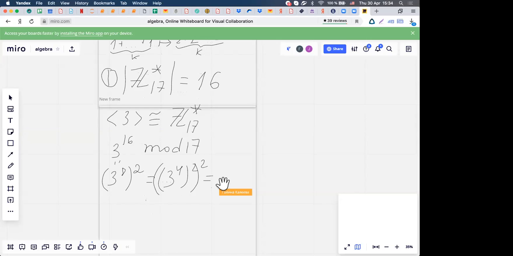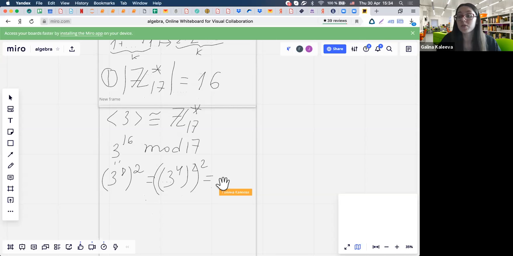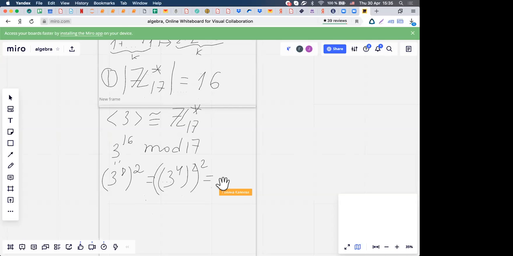So we reduce it until 9 in 8th power, and still it's a big number. So we can do it again, 27. 27 modulo 17 is 10, yeah? Yeah, it's 10.